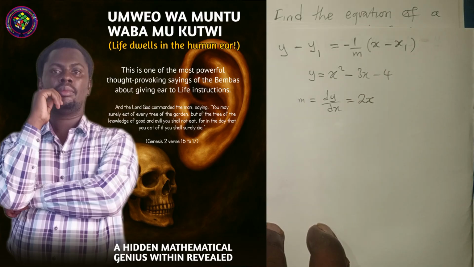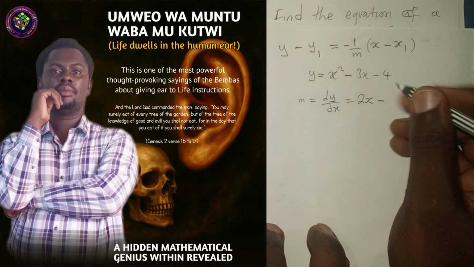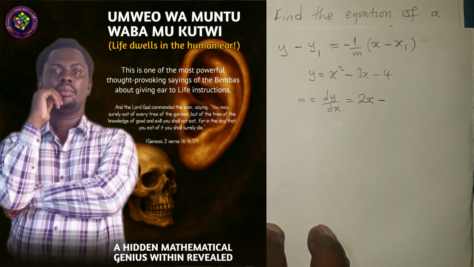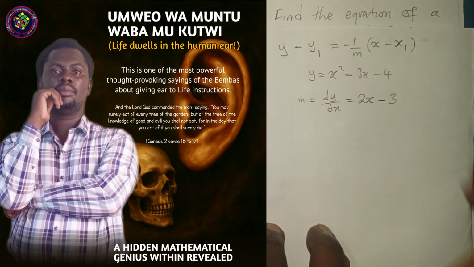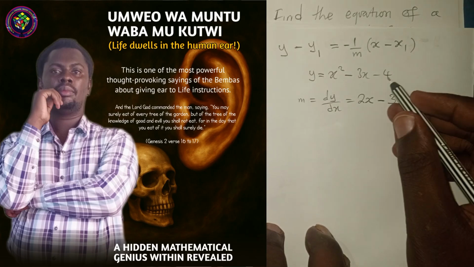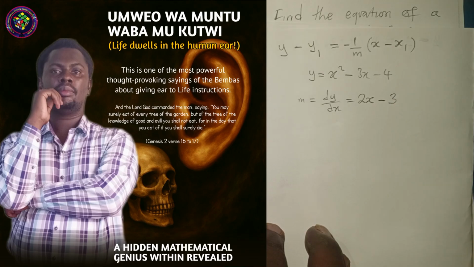Then minus the derivative of 3x: since there is just a single variable, you just get rid of the variable, so the derivative of 3x with respect to x is just 3, so we have minus 3. And the derivative of a constant is 0. So this is the gradient function: 2x - 3.